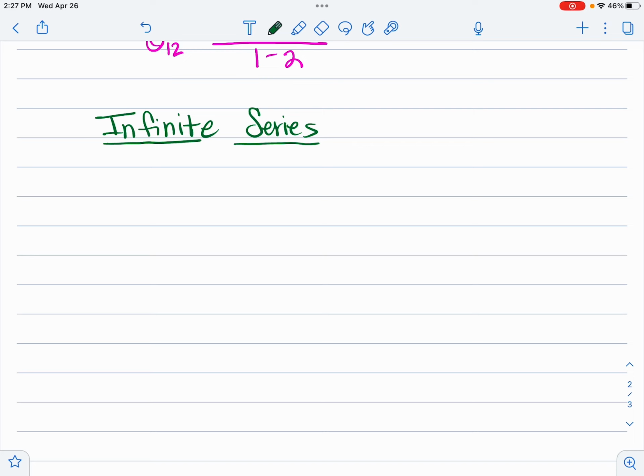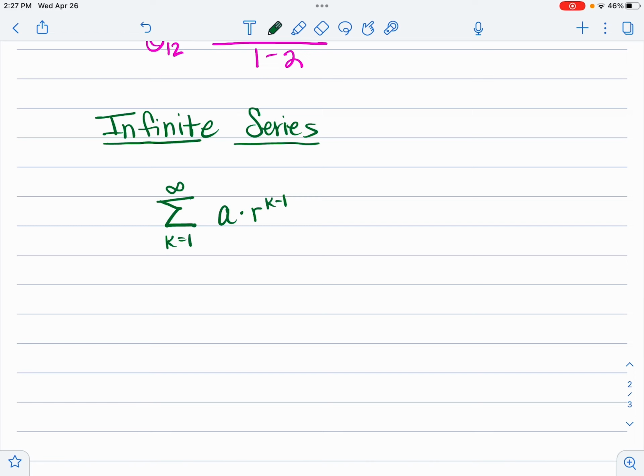It's really cool. So let me write all this down. We have the sum of a geometric series. So we say that's a times r to the k minus 1, right? That's the formula for a geometric series where k starts at 1, the first term, but instead of having a stopping point, it goes on to infinity.